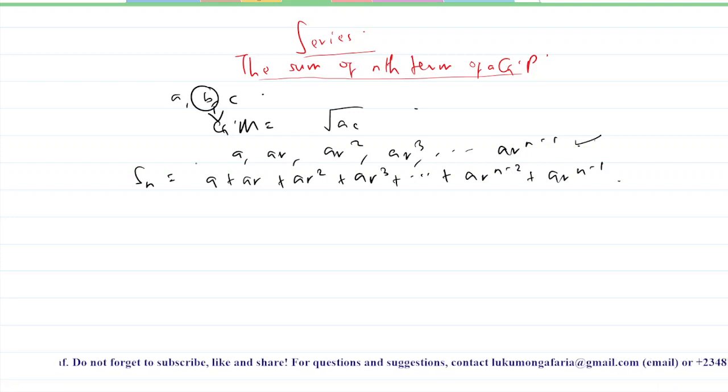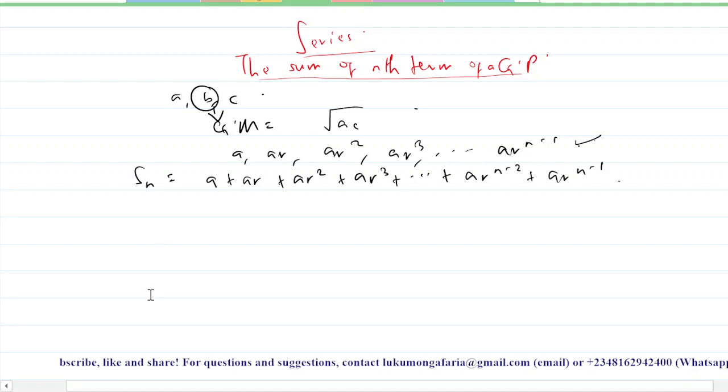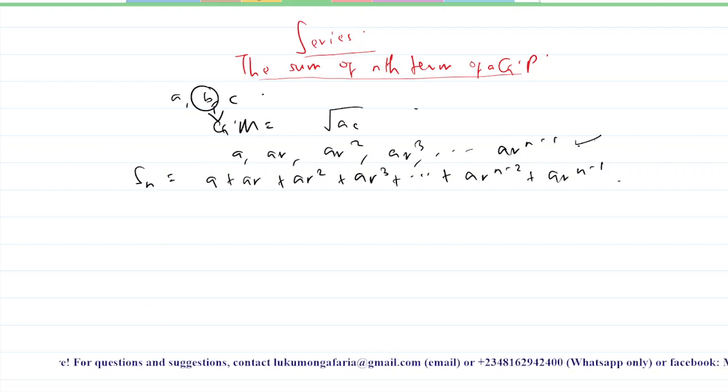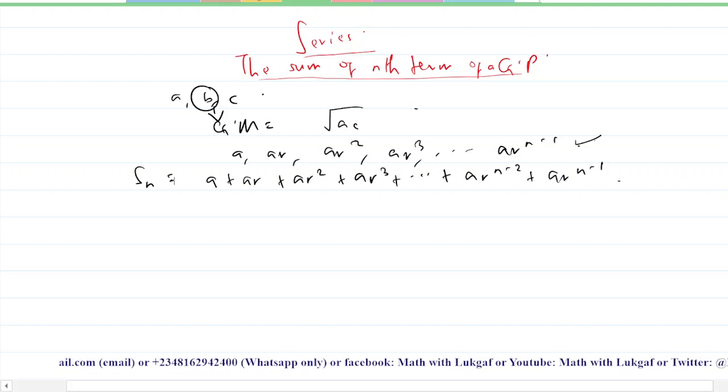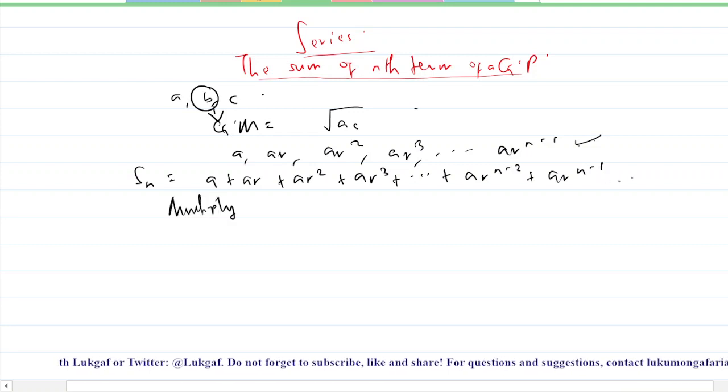Now let us obtain a general formula for the sum of the nth term of a GP. It is not difficult since we already know that a series is the sum. Let us multiply through by R, the common ratio. Let's call this equation 1.